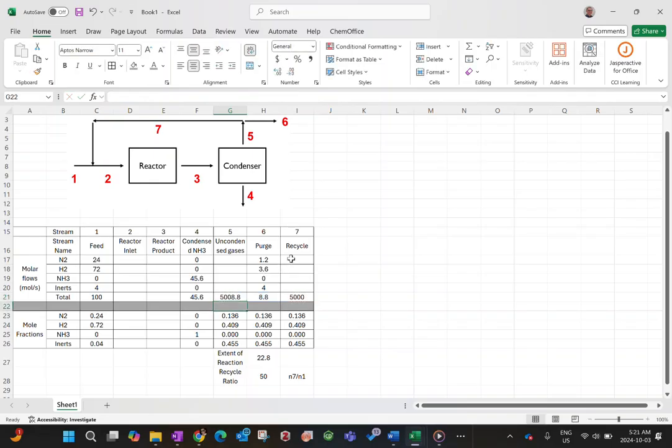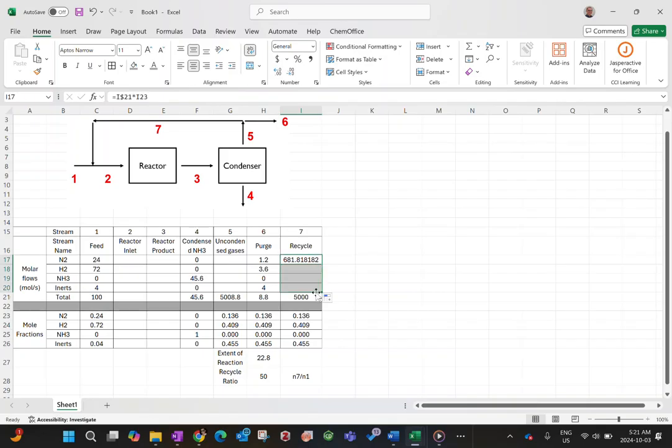And then because the mole fractions of all of the species are going to be the same in 5, 6, and 7, all I have to do is multiply this guy. So I'm going to do function F4 again, so that fixes the row. Multiply that by the mole fractions. Okay, so multiplying it by the nitrogen mole fraction. I'm going to scroll this down. Perfect. And I'm going to just copy it and put it over here.